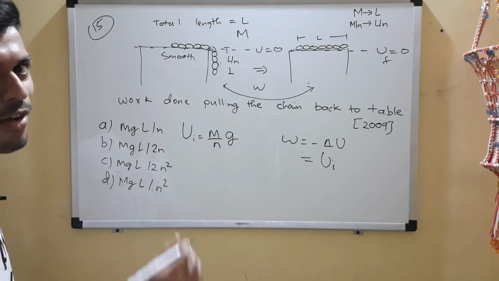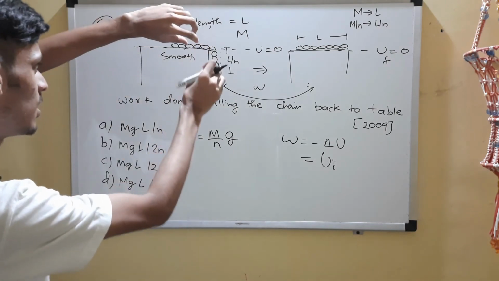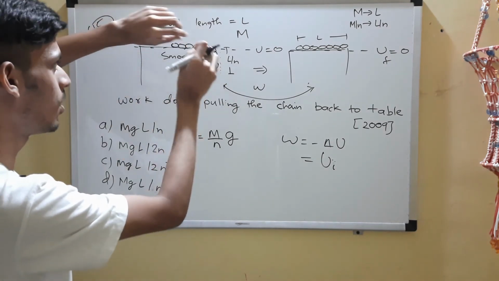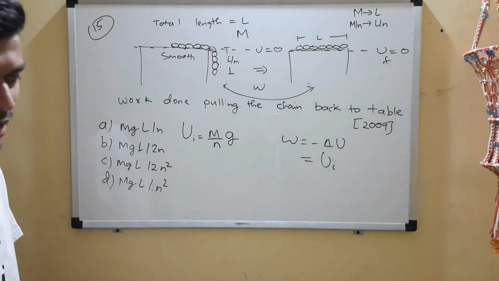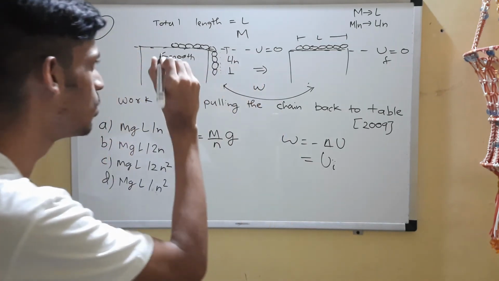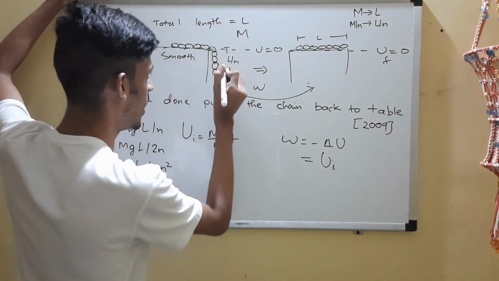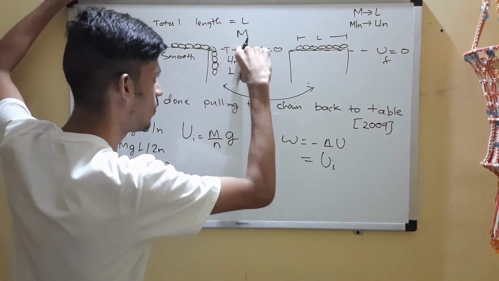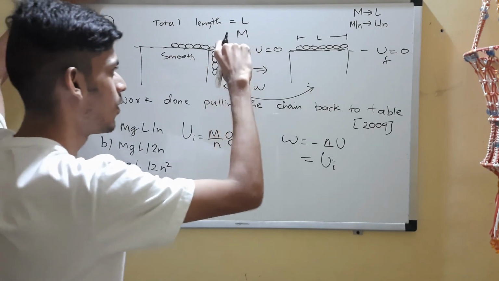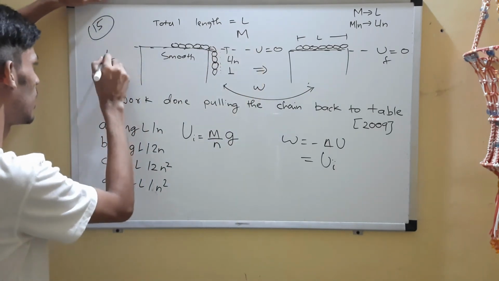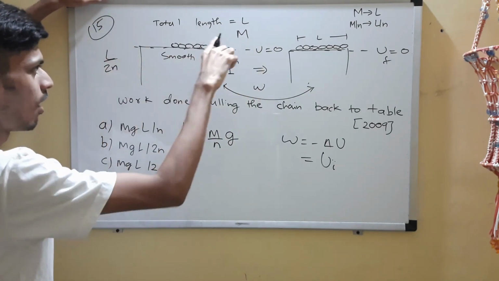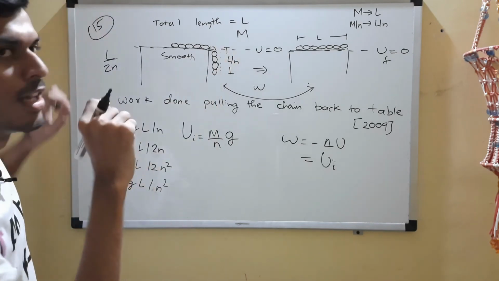Now h, you have to locate. You can see the mass is spread out, right? It is not at a particular location. So you have to look for the center of mass, and where will that be? Over here, right? Half of this distance, half of L by N, which is L by 2N. Half of this distance, you'll have the center of mass.